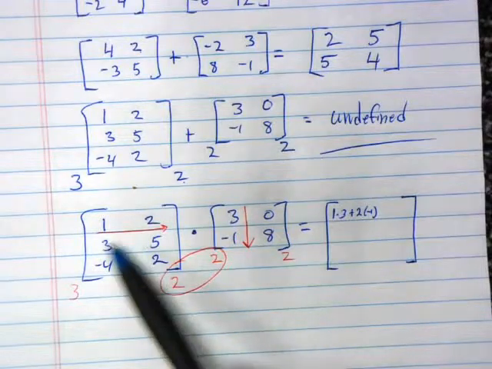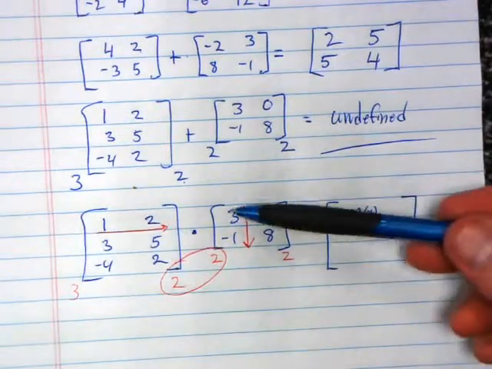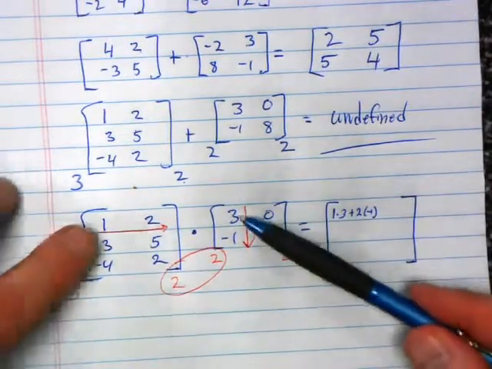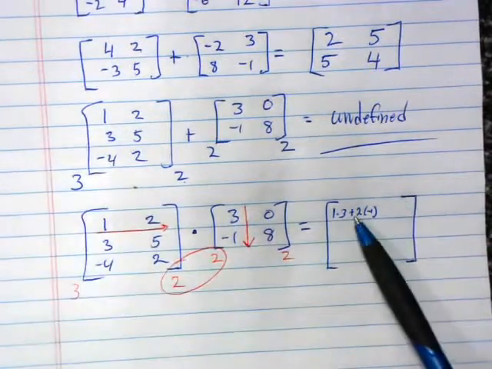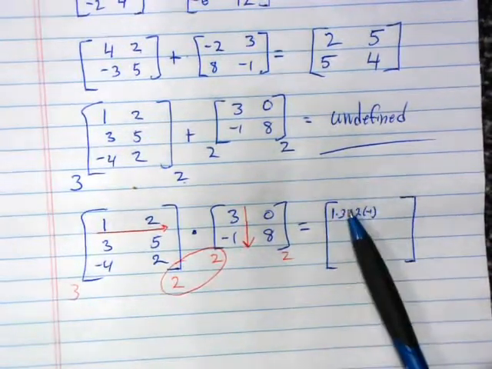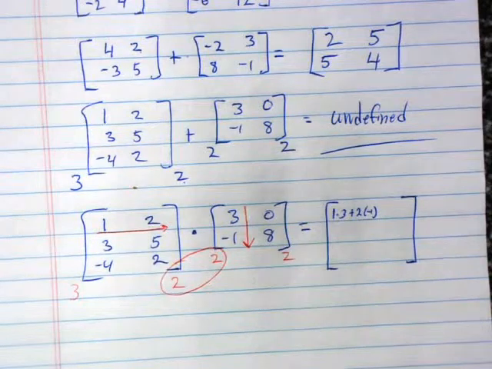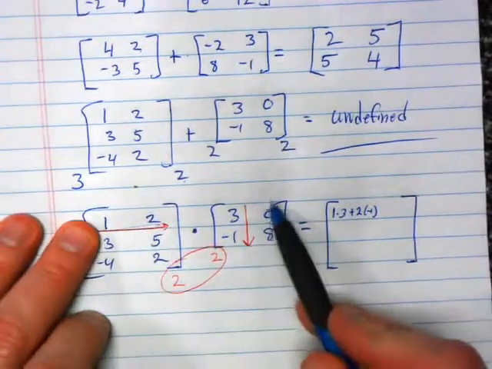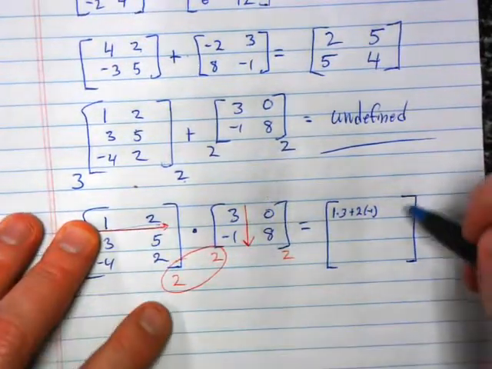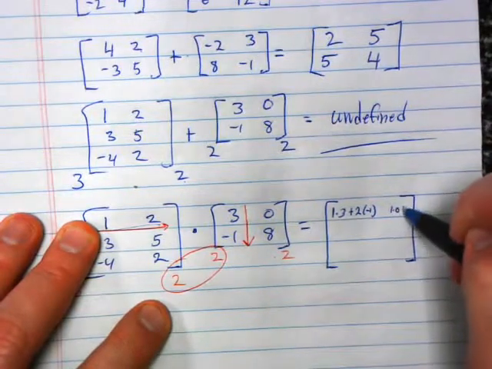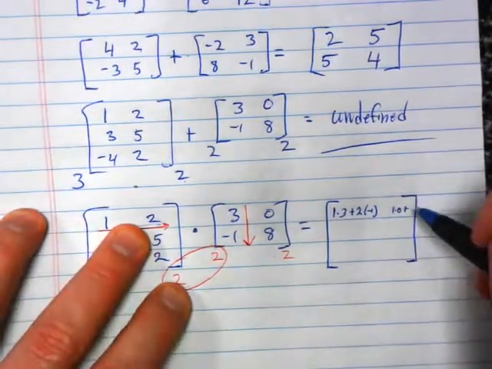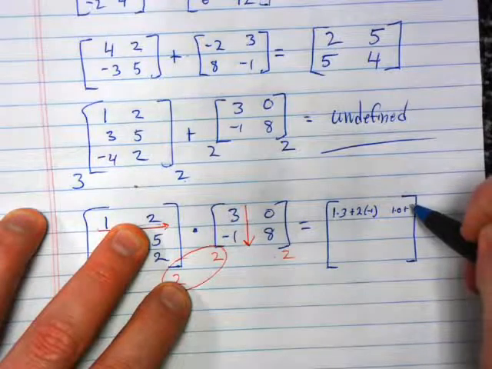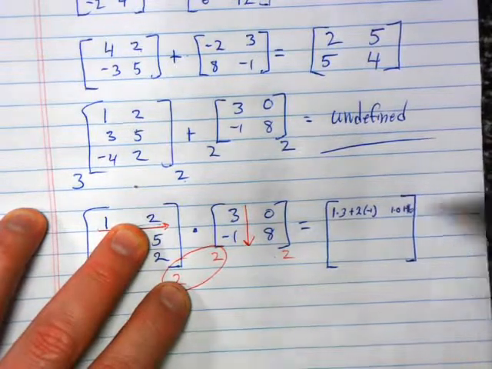So you take the upper row, the left column, you multiply, and add, and that's what goes in the upper left spot. What's going to go in the upper right-hand spot? First row, second column. So you're going to have 1 times 0 plus 2 times 8, which is 16. Correct.